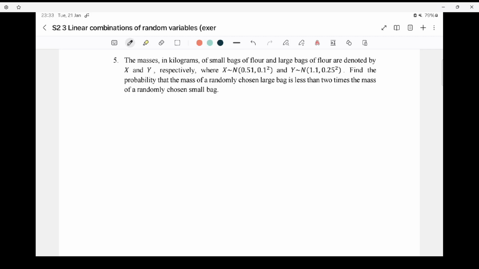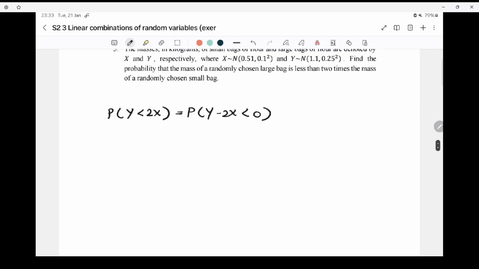So over here, large bag is Y. You want to find the probability that the mass of a large bag is less than 2 times the small bag. Of course, you can write Y minus 2X smaller than 0. So this is where you begin.